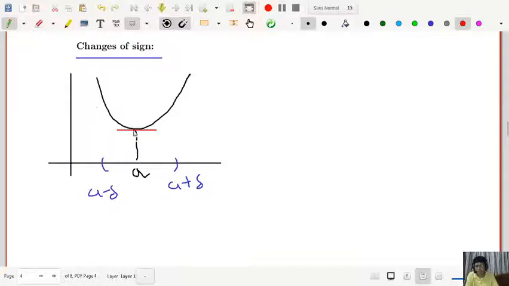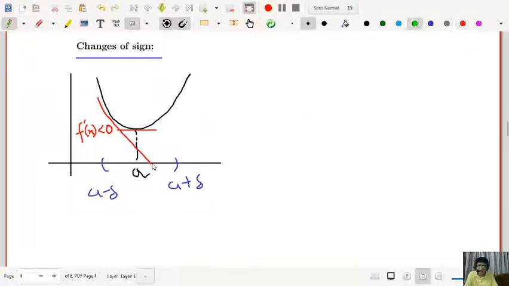Now look at that. If you go to the left-hand side of A, in between A minus delta and A, if you take any point and draw the tangent, the slope of the tangent is negative. f'(x) is less than 0, right?